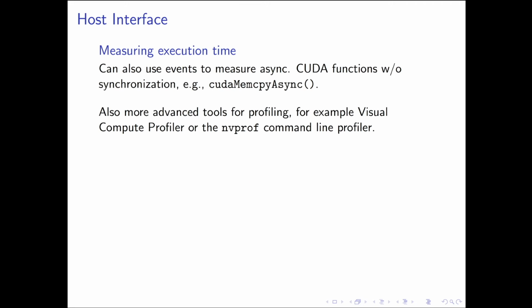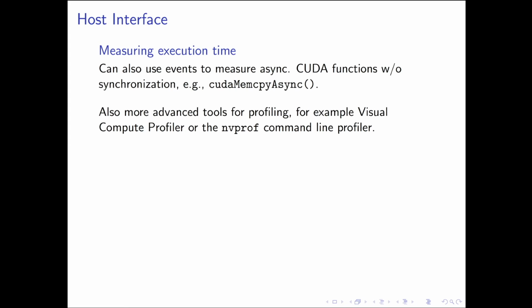So this is a very lightweight method to measure execution of asynchronous CUDA calls. In general, if we wanted to profile our application, there are actually better means to do this. For instance, the visual profiler: the images I showed you earlier, where I showed you how my asynchronous kernel calls were executed in parallel, were directly taken from the visual compute profiler.